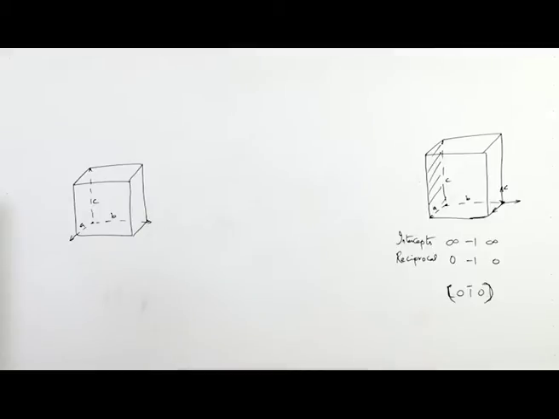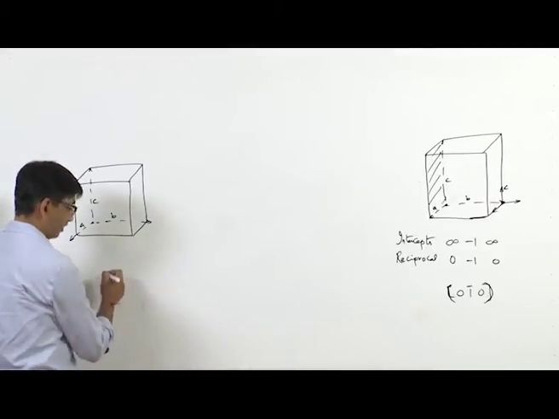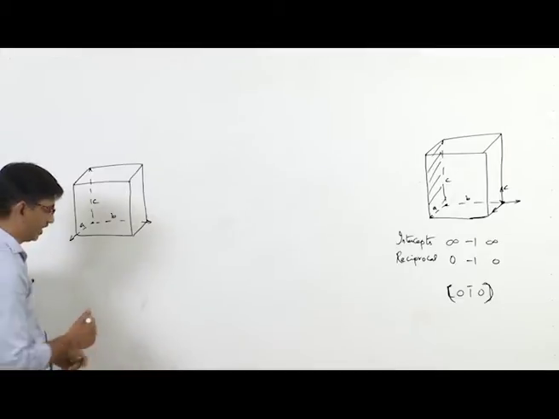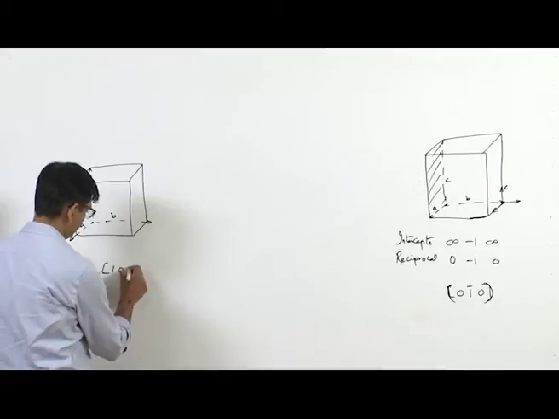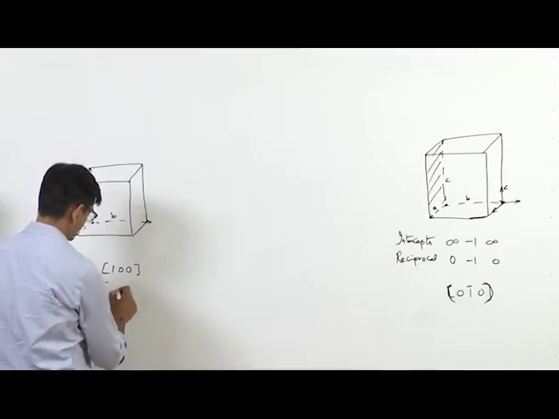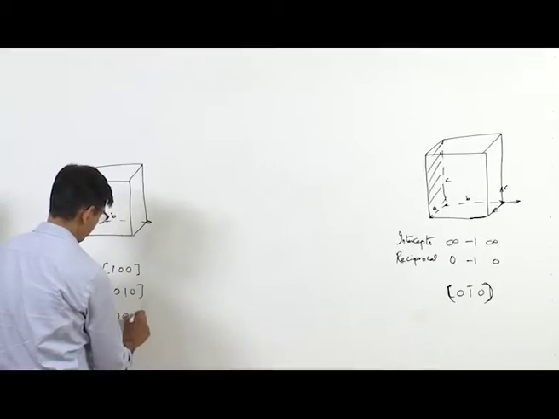We said this crystal axes A, B and C, in case of directions, have the indexing like this: 1 0 0, 0 1 0 and 0 0 1.